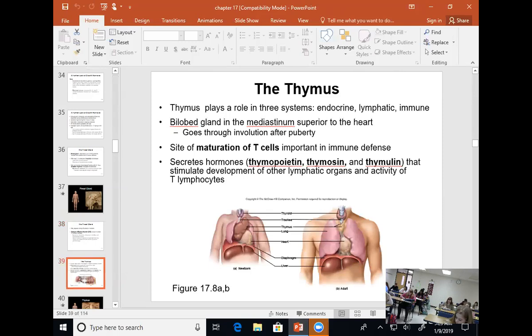There are different types of lymphocytes. This is just one type, and they're referred to as T lymphocytes because they're dependent on which organ? The thymus.